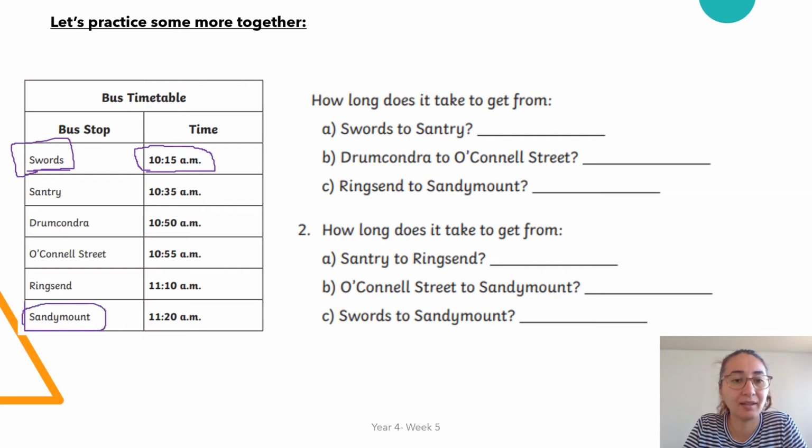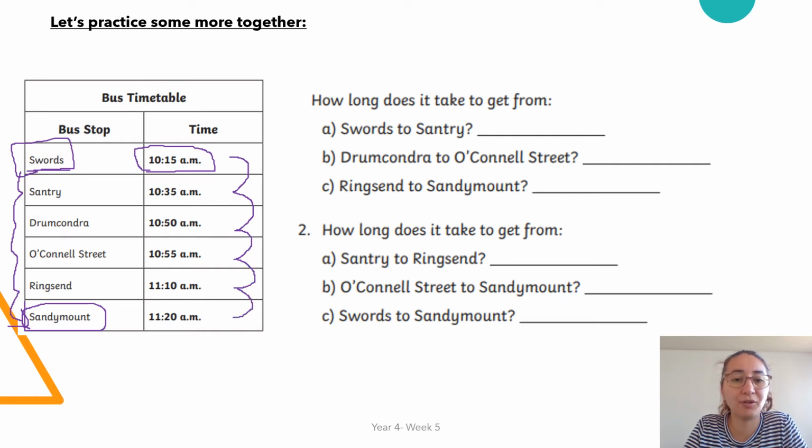The next bus stops are Sentry, Drumcondra, O'Connell Street, Ringsend, and then eventually Sandy Mount. On this column, we can see the times it takes to reach these destinations.